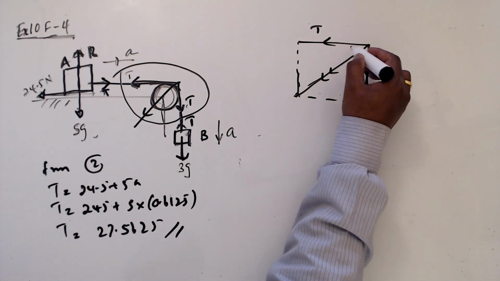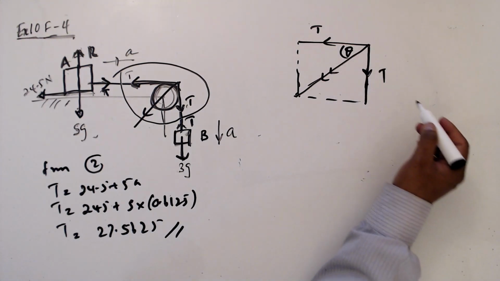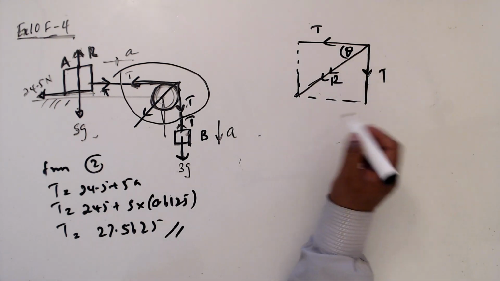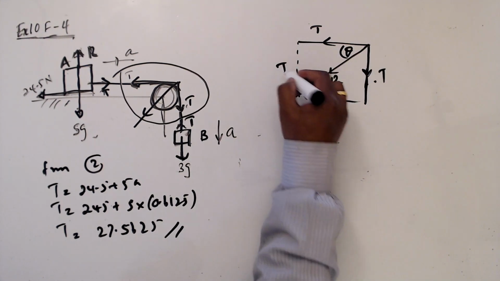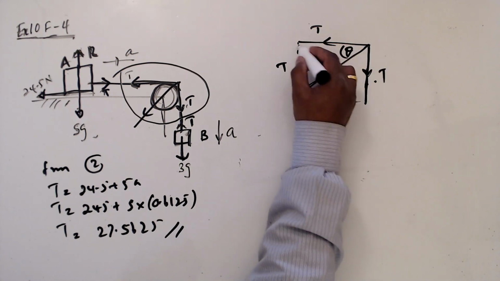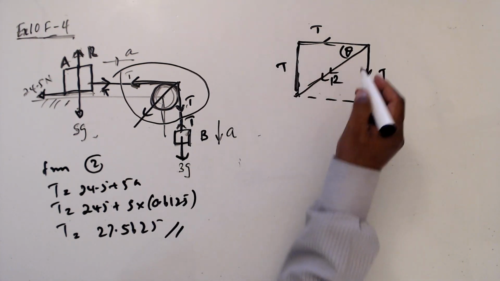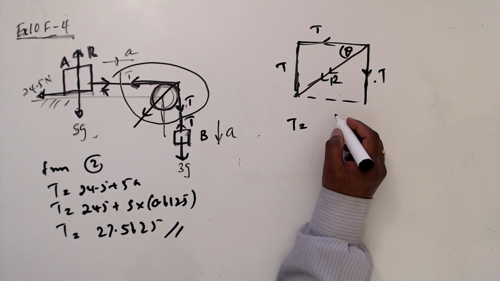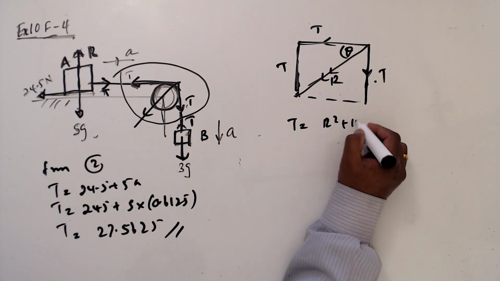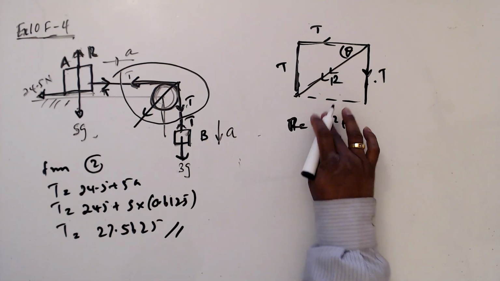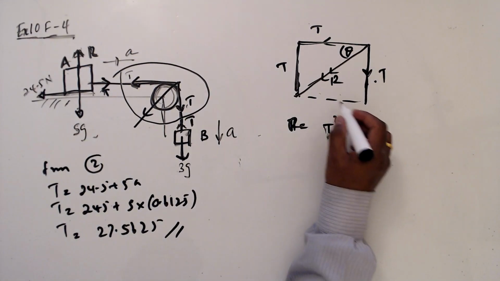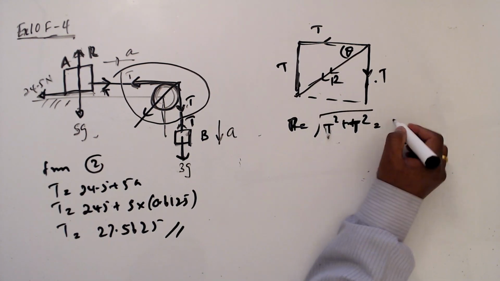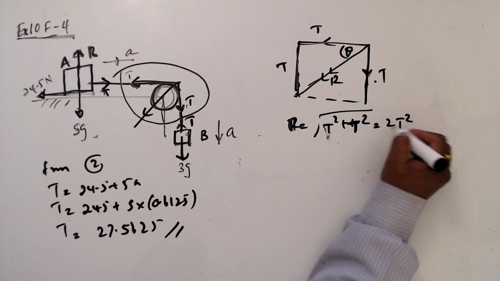I will take the angle as theta, and this is going to be R, the resultant force. If this is T and this is T, then R squared is T squared plus T squared, so R is the square root of 2T squared.